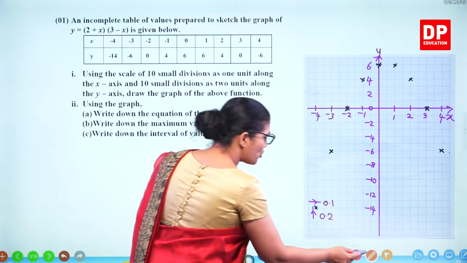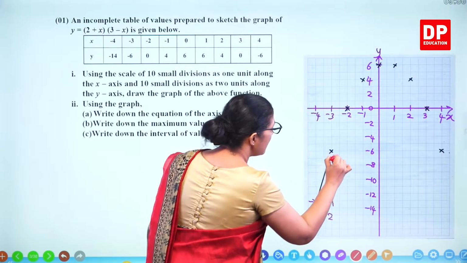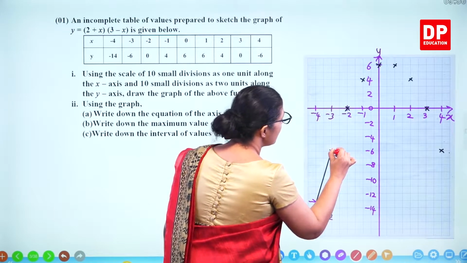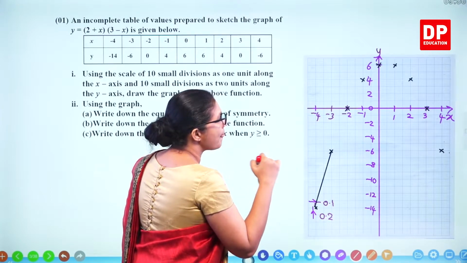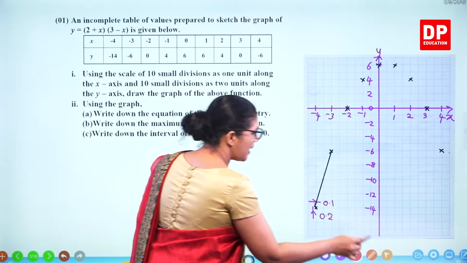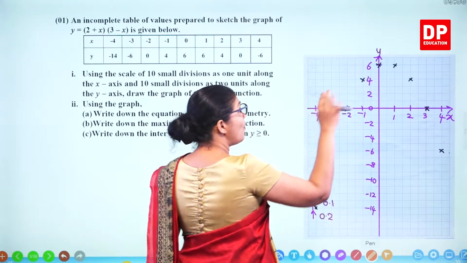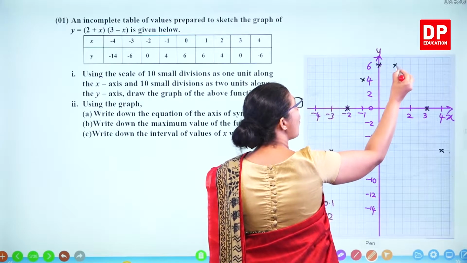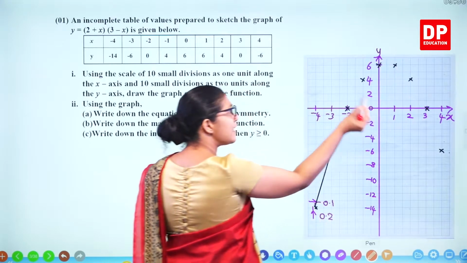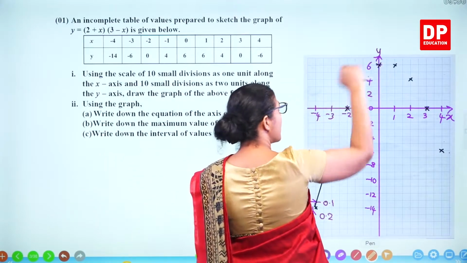Now here I told you, you can mark here to here with the ruler, not afterwards, just the corner values. And we can connect the other points smoothly. Now, here don't connect like this with a horizontal line. You have to smoothly connect. So the maximum point is slightly above that.